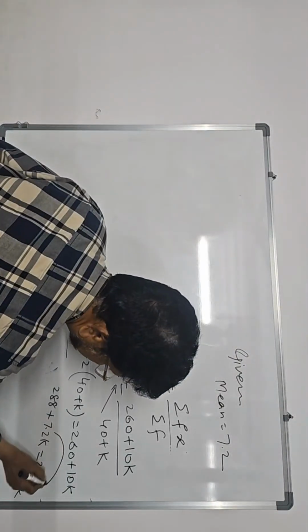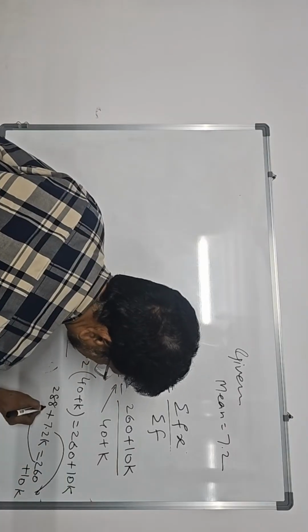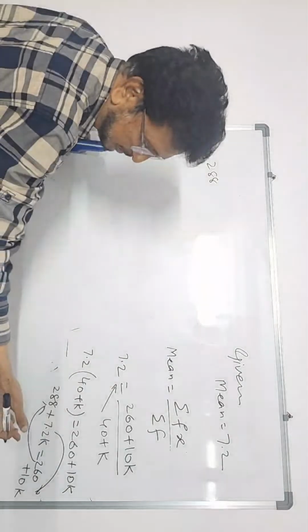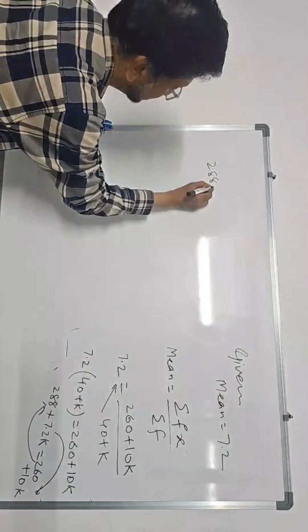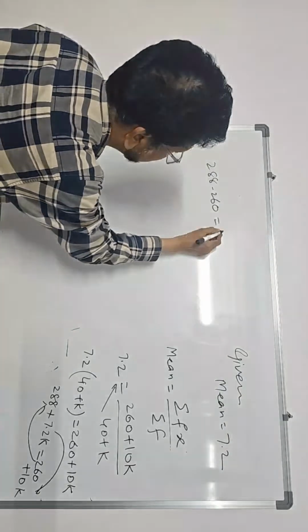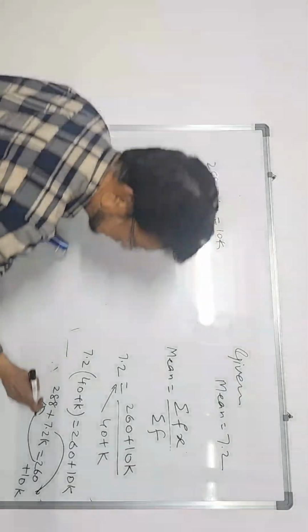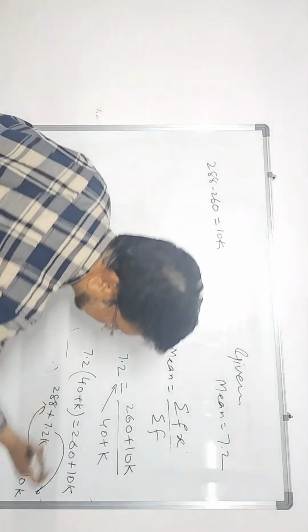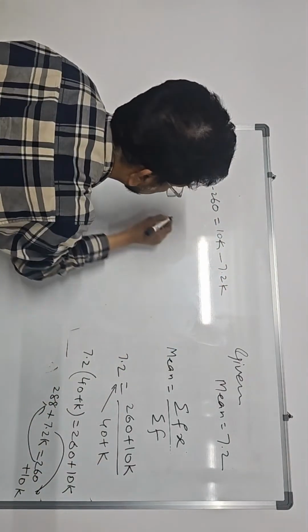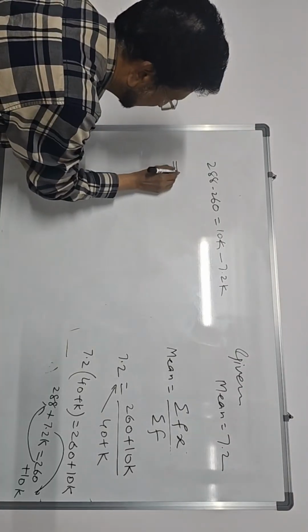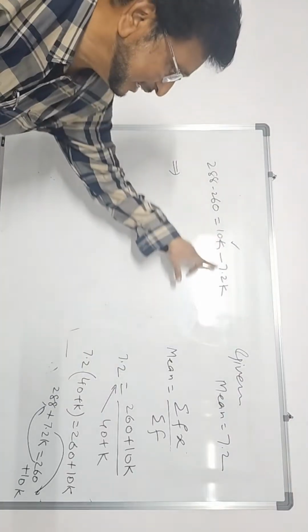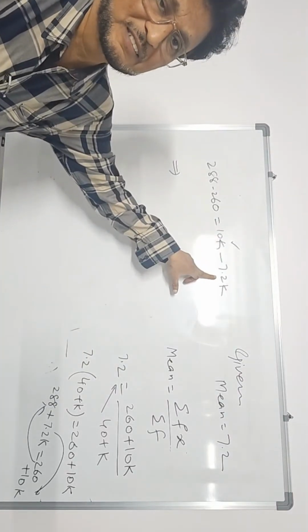Take 7.2k to the right hand side, this number to the left hand side. 288 as it is, plus 260 becomes minus 260 on the left hand side. On the right hand side we have 10k. This plus 7.2k becomes minus 7.2k on the right hand side. It implies 10k minus 7.2k. 10 rupees minus 7 rupees 20 paisa.